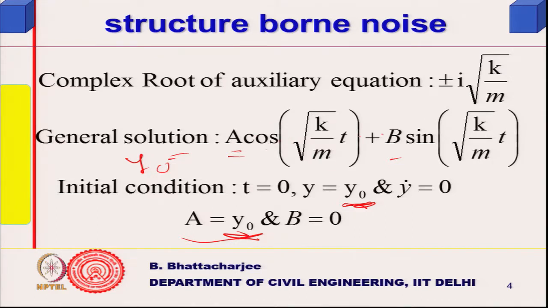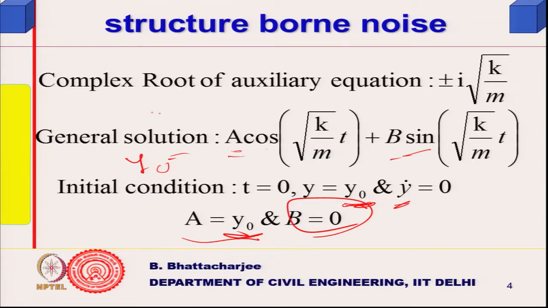This will become sine, this will become cos, and y dot equals 0 at t equals 0. Therefore, b must be equal to 0, because after differentiation this will become cos.